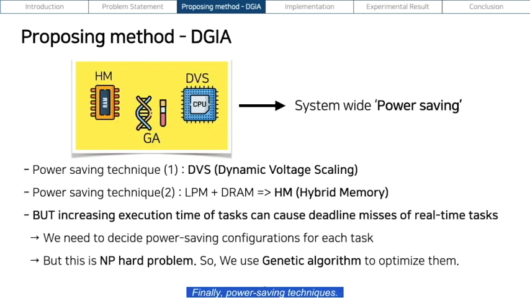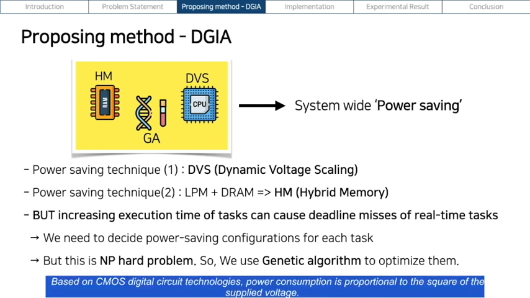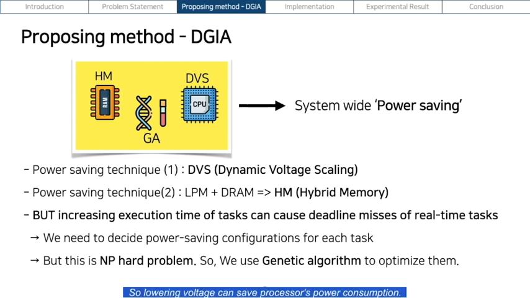Finally, power-saving techniques. First, we use dynamic voltage scaling called DVS. Based on CMOS digital circuit technologies, power consumption is proportional to the square of the supplied voltage. So lowering voltage can save processors' power consumption. Next, we use hybrid memory, which uses low-power non-volatile memory also with DRAM.